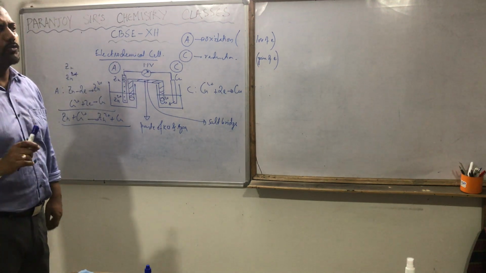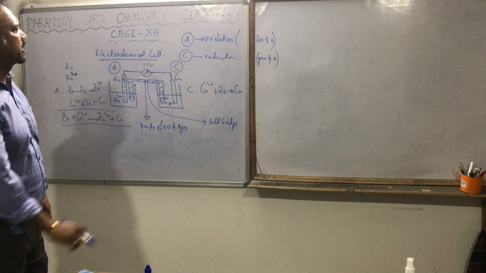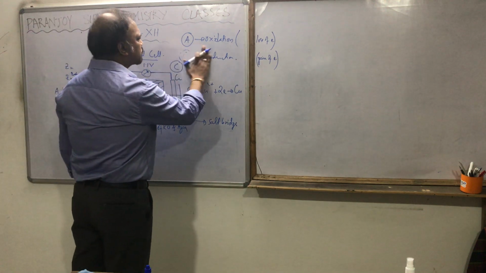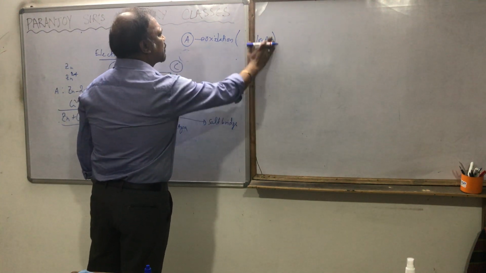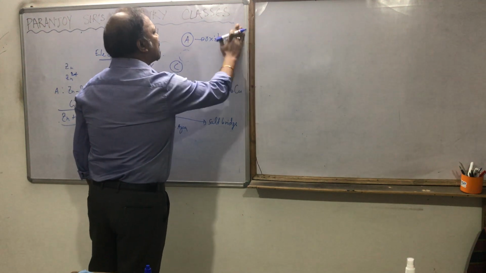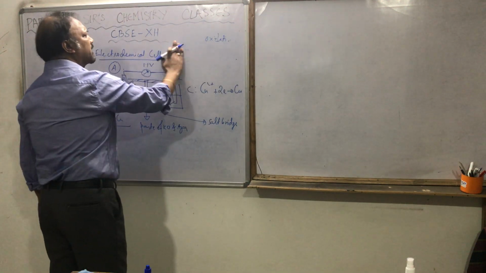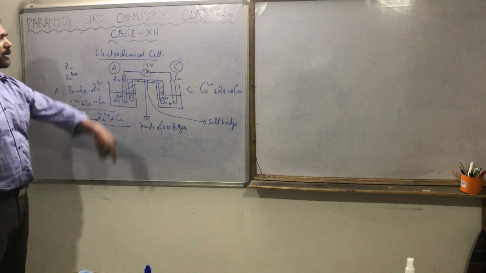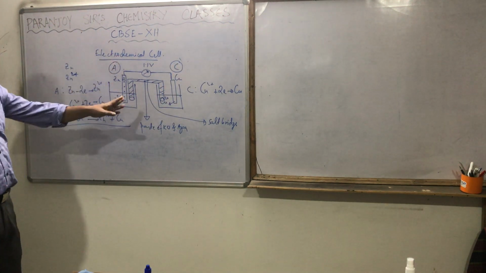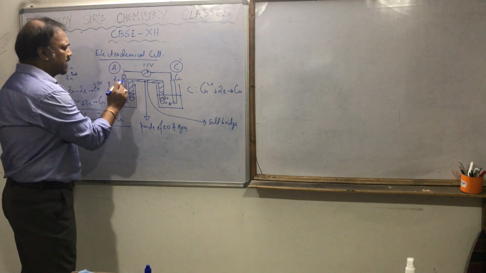So what we do is represent whatever I explained by a simple way of representing the cell. I'm coming to that, but before that, let me tell you what is happening here.